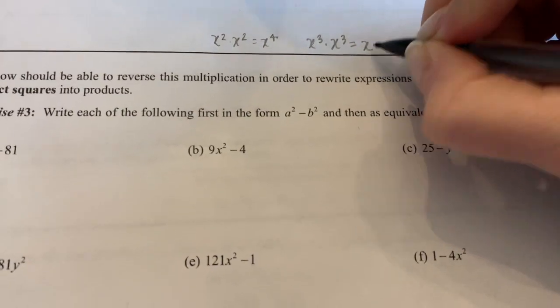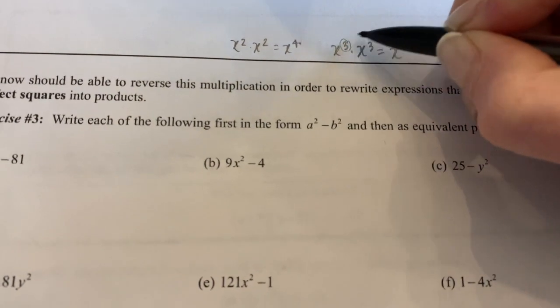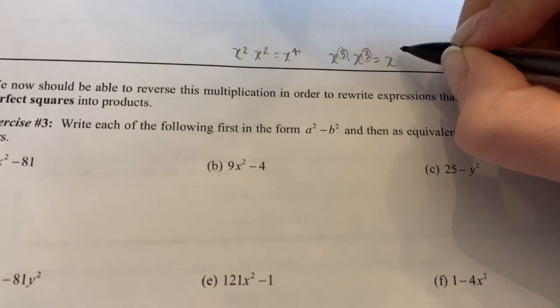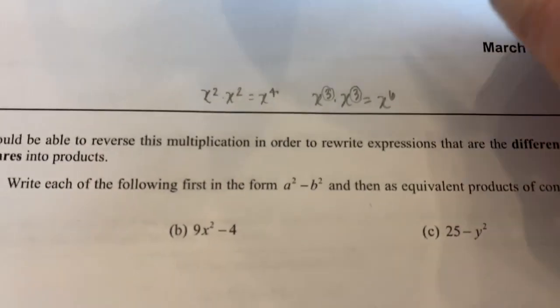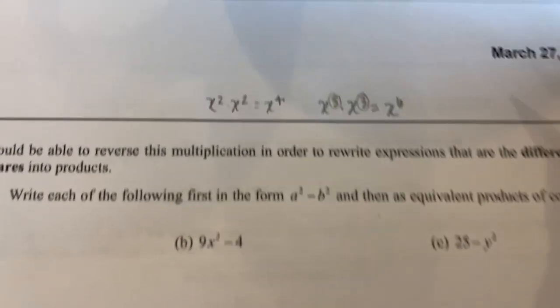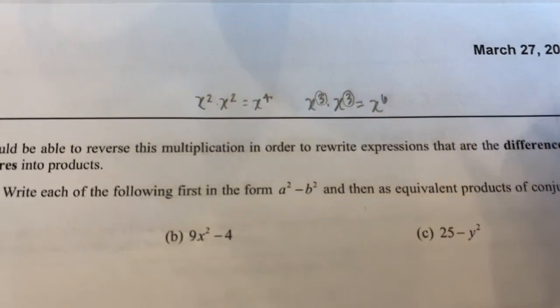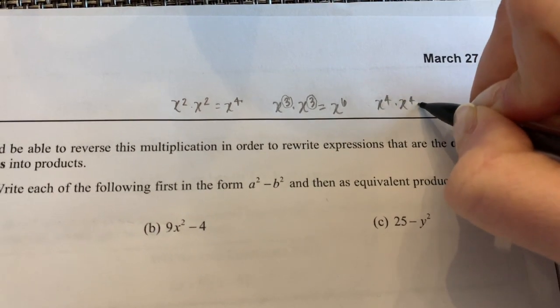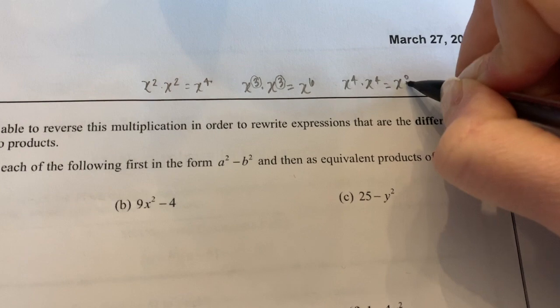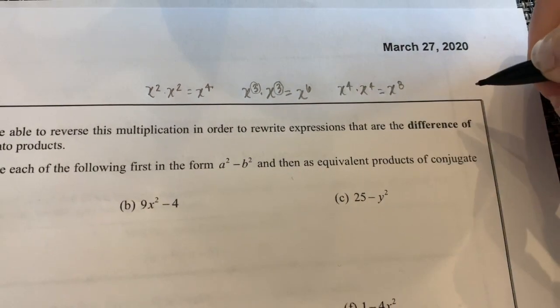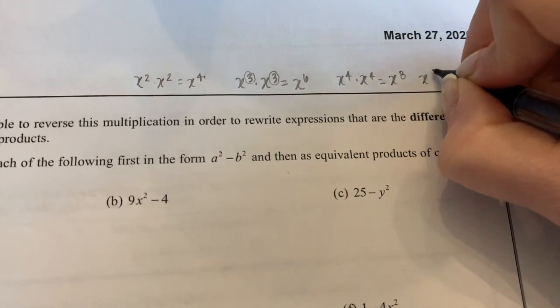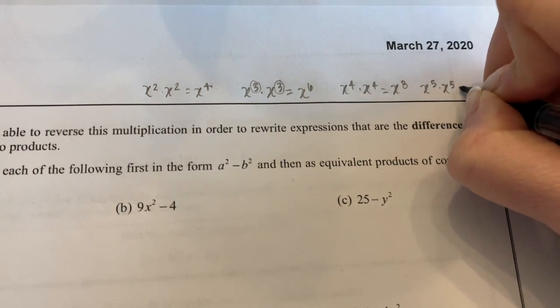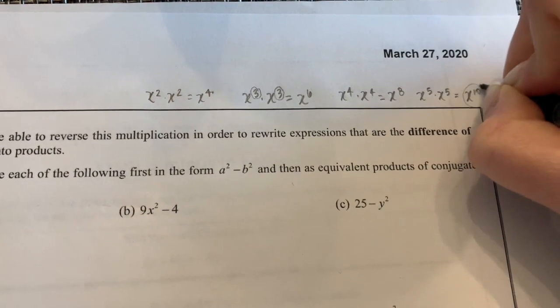Do I get x to the ninth? No. Remember the rule is keep the base and add the exponents, so I get x to the 6th. So technically, x to the 6th is a perfect square. And the same thing goes for x to the 4th times x to the 4th. That's going to be x to the 8th. That's a perfect square. Okay, and then x to the 5th times x to the 5th is x to the 10th. That's a perfect square.